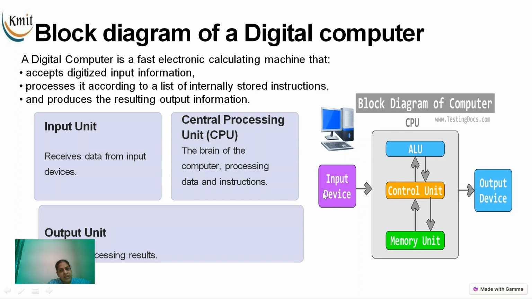The input unit is responsible for receiving the input data from the user by means of input devices. The CPU takes the input from the user and processes the data as well as the instructions given by the user. Moreover, the CPU is also called the brain of a computer. And the output unit displays the output results to the end user.